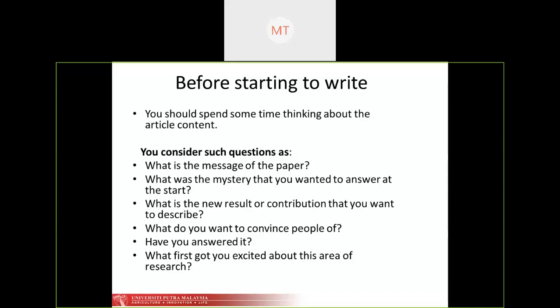Number 4, what do you want to convince people of? Number 5, have you answered it? And number 6, what first got you excited about that particular area of research? So these are the things that you need to consider before writing a paper.